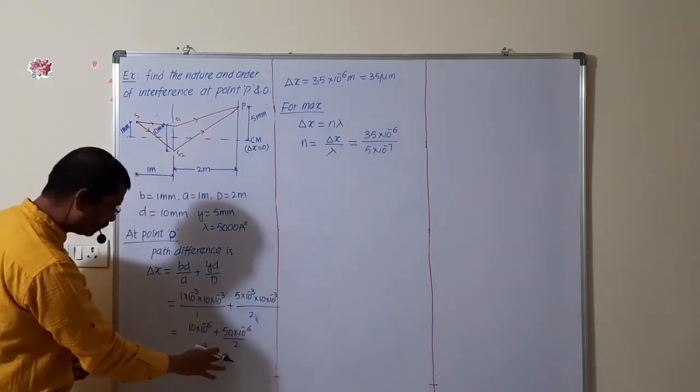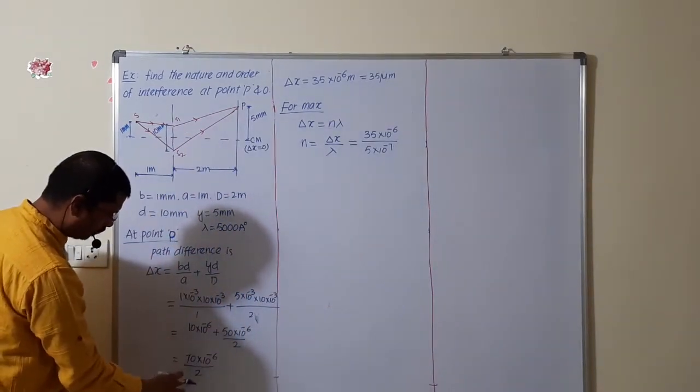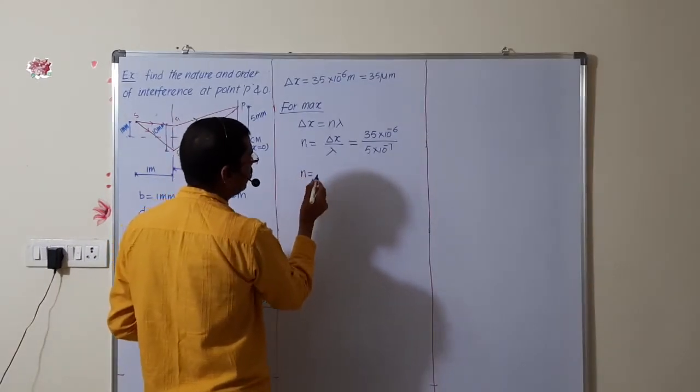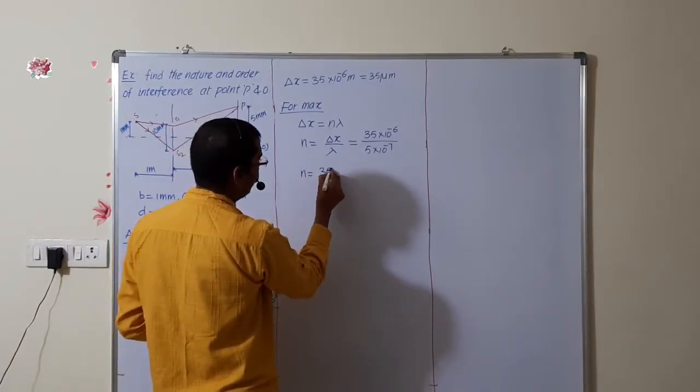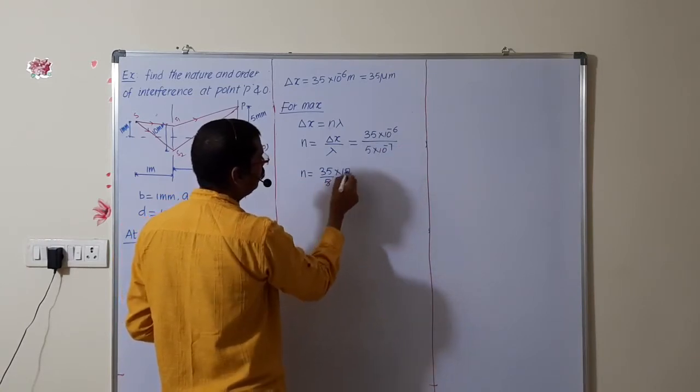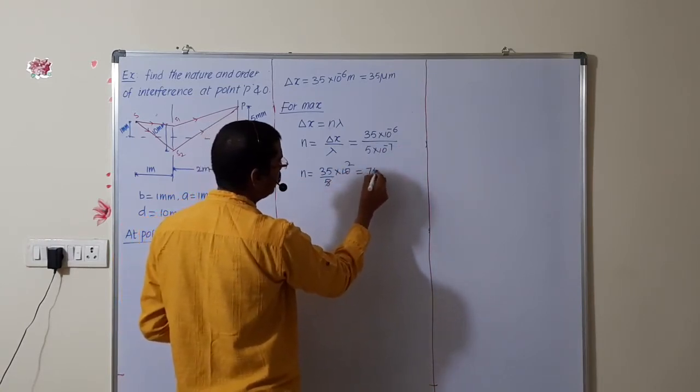Now, n is equal to 35 upon 5 into 10, which is 75.